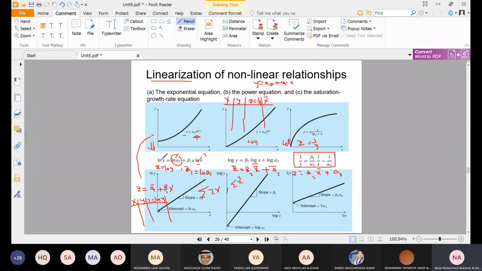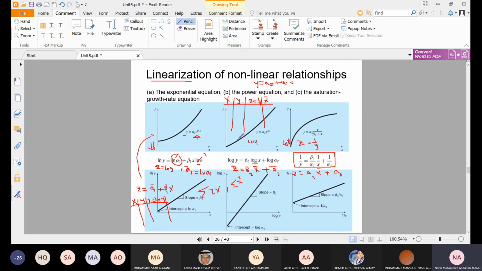Also, ln y I represent by z, to have a new equation. Here I have beta x, so it is okay, and I don't have to transform this one. So now I have z equal ln y, and alpha 0 or alpha 1 equals ln alpha.